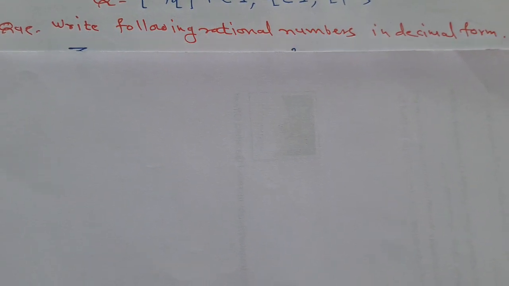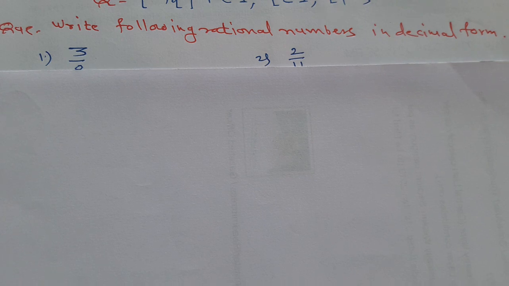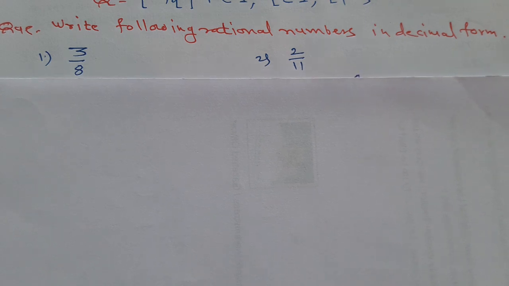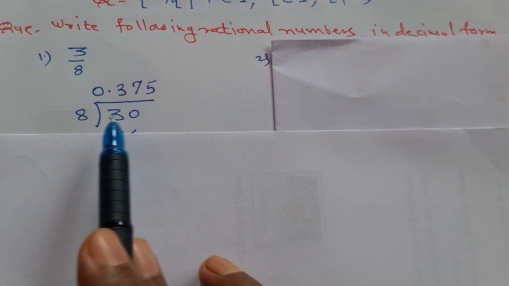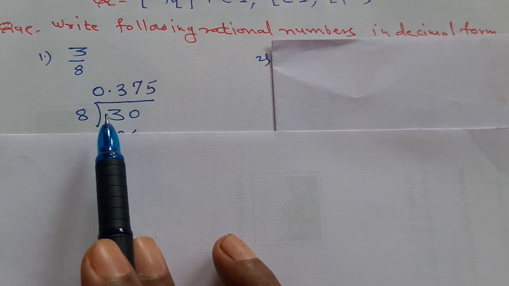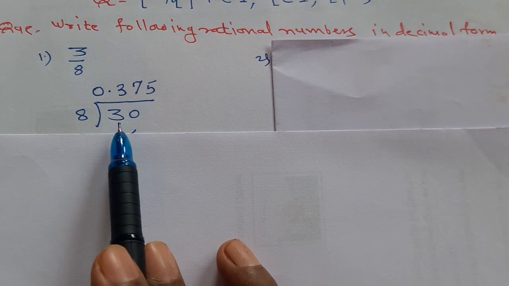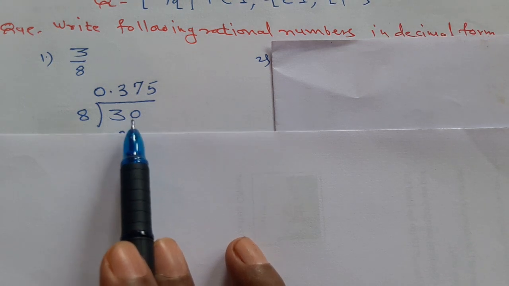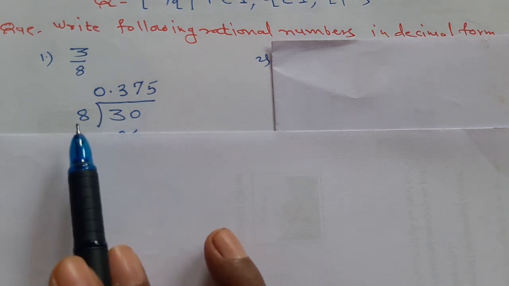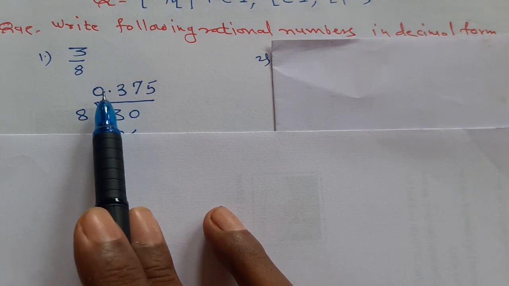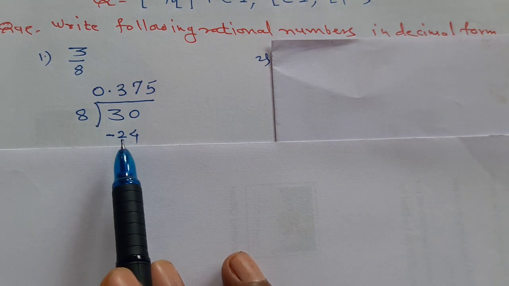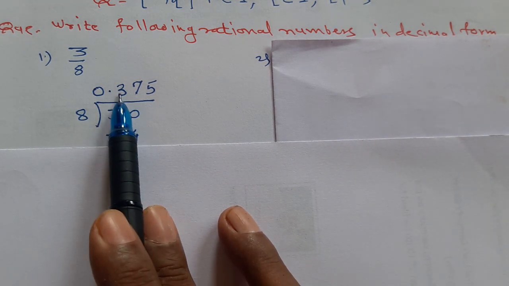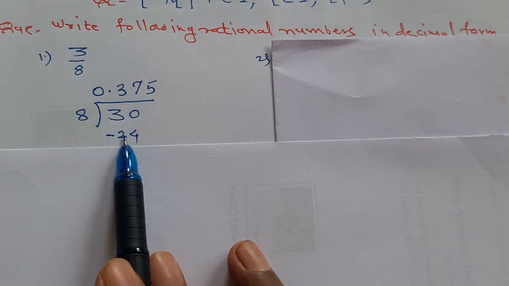The first number will be 3 upon 8. 3 is less than 8, so we take 0, then that will be 30. 30 divided by 8, then here 0. 30 divided by 8, the answer will be 3, since 8 multiplied by 3 is equal to 24.